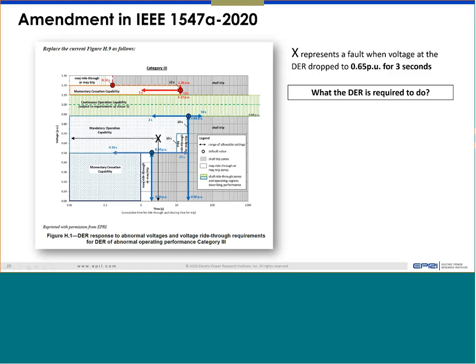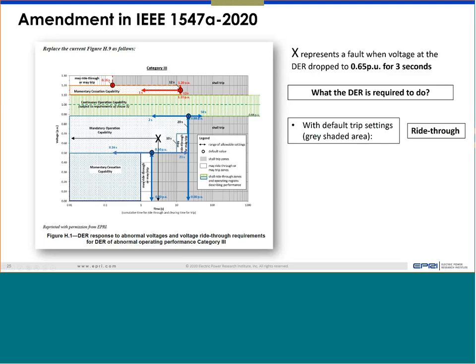So the answer is really, it depends. If I keep the trip settings the way it is right now shown, like number 1, the 0.1, if it stays there, then this fault falls into the mandatory operating range. So that means it has to stay connected. So with default trip settings, the answer will be ride through.